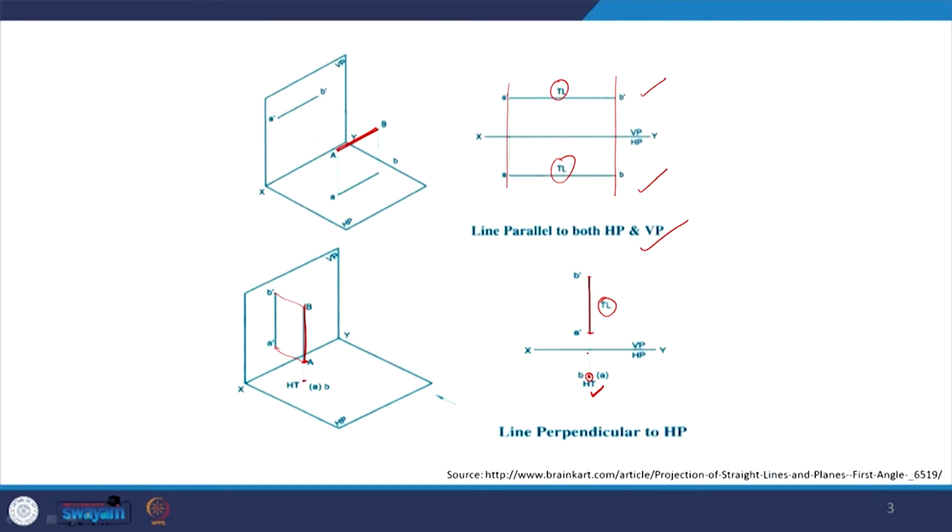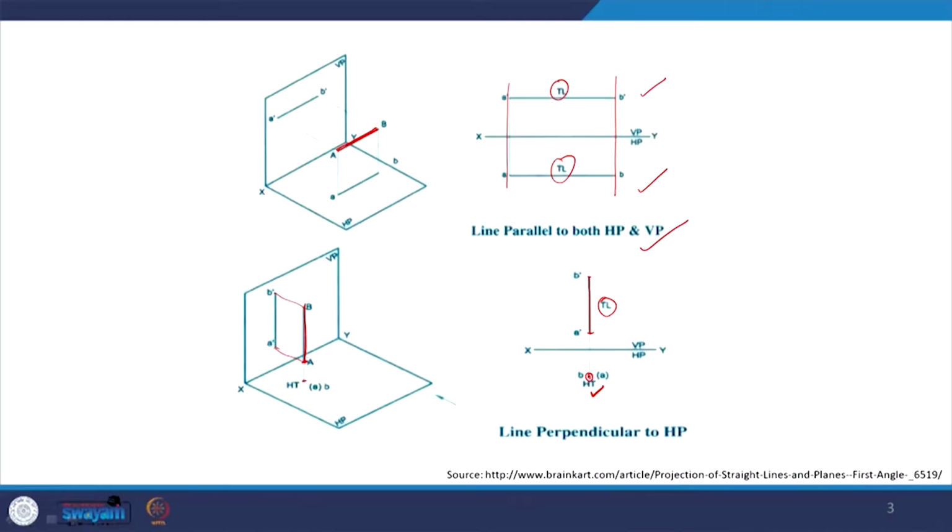So if you look at this line again, suppose I say that this line is AB, where the tip of the pencil is A and the top of the pencil is B. So if I see it in plan, I will actually be seeing only point B, and there is a point A, which is below B. So I may write here B, comma A, or I could write B and A in bracket, which means that B is visible and A is not seen.